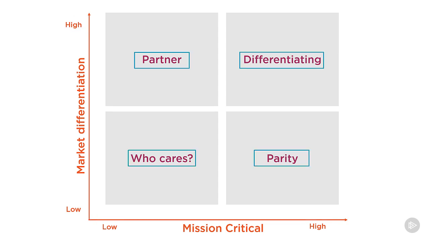The labels of the quadrants depend on the intersection of the dimensions' values. For example, in case of a low mission-critical and low market differentiation, the quadrant in place is Who cares? While in case of a low mission-critical but high market differentiation, we are talking about partners, and so on.